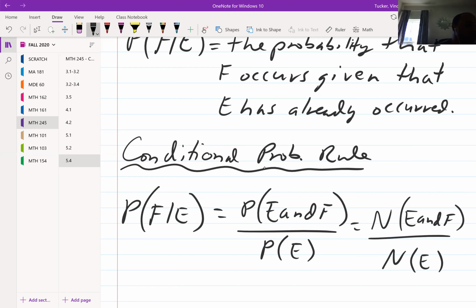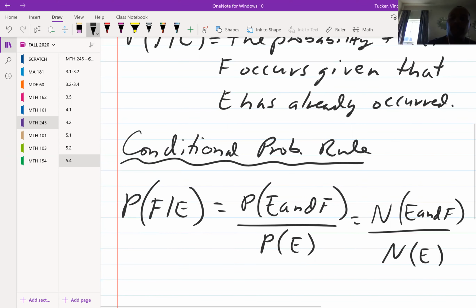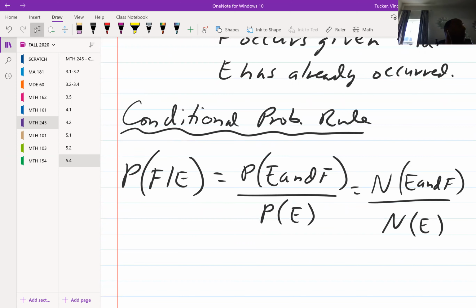This is how we will compute the conditional probability. If you want to compute the probability of F occurring, given that E has already occurred, take the probability of E and F, place it over the probability of E, or the number of E and F, place it over the number of occurrences in E.